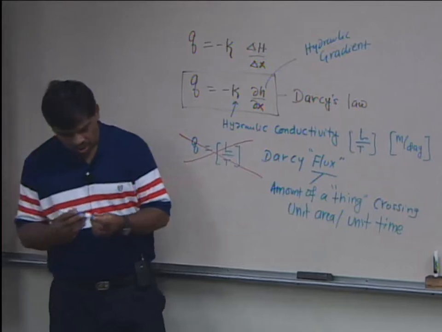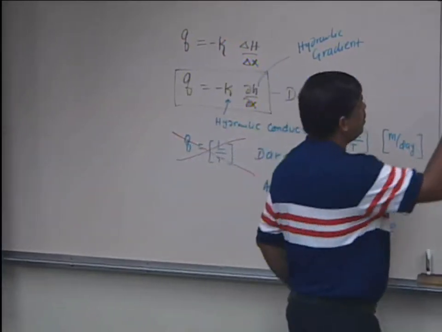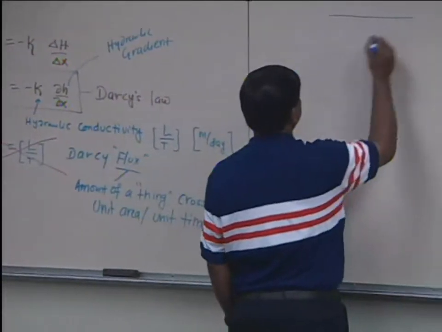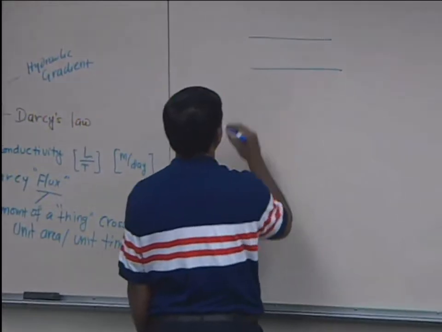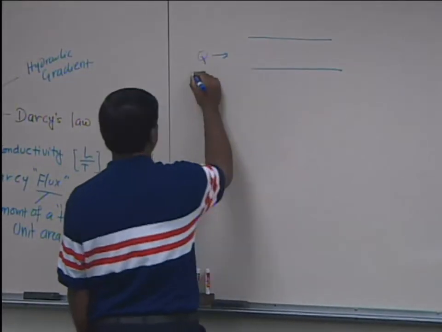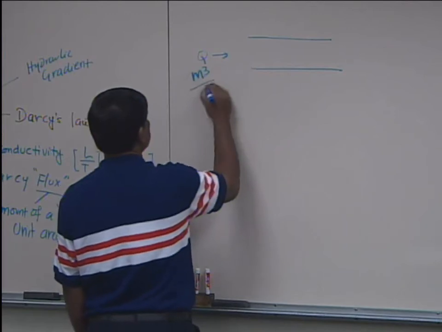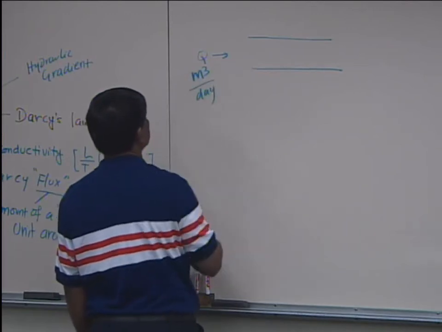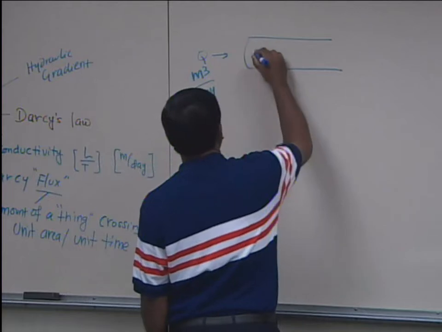So let's look at a very simple problem. Let's look at pipe flow. There is water flowing through the system, which is cubic meter per day, right? Q. And there is an area associated with it.